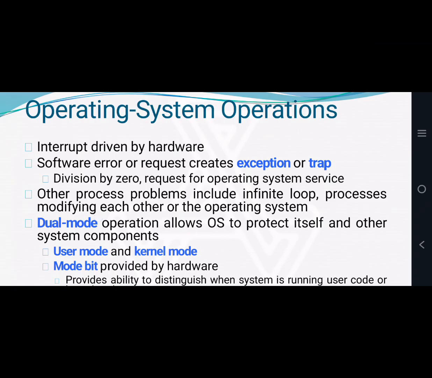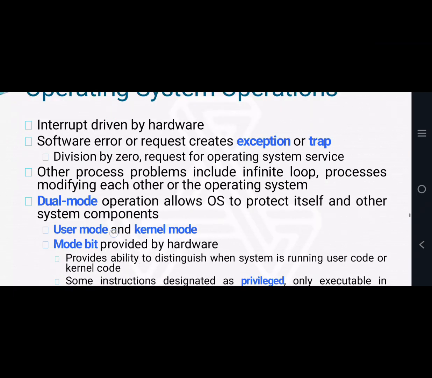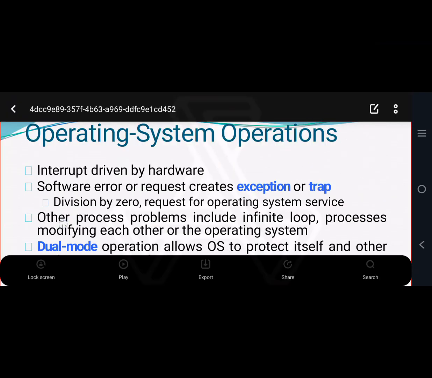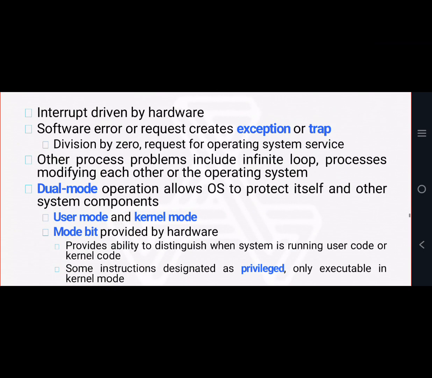Operating system operations. The OS is interrupt driven by hardware; a software error or request creates an exception or trap, such as division by zero or a request for operating system service. Other process problems include infinite loops and processes modifying each other or the operating system.